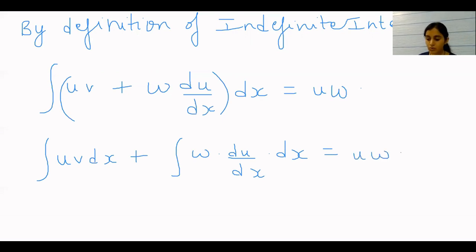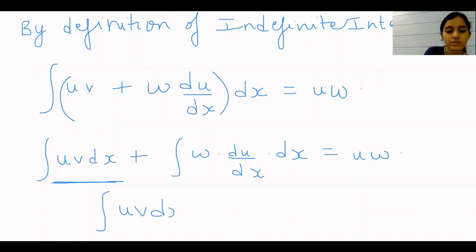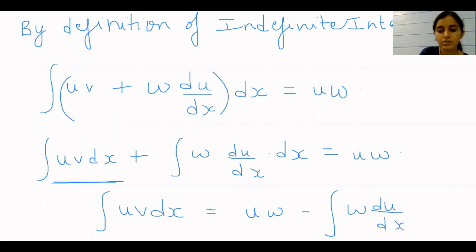We require the term integral uv dx on our left-hand side, so we write integral uv dx is equal to uw minus integral w du by dx into dx.